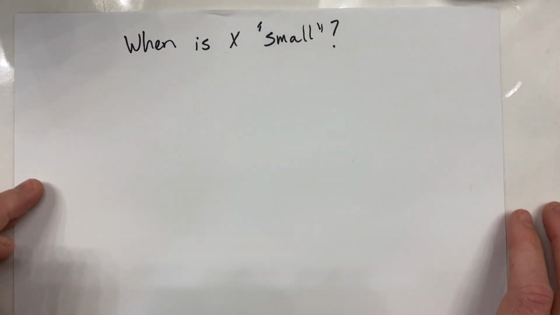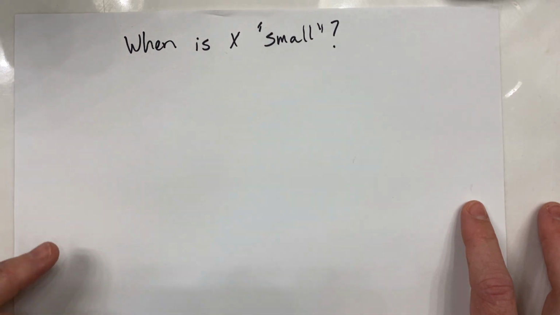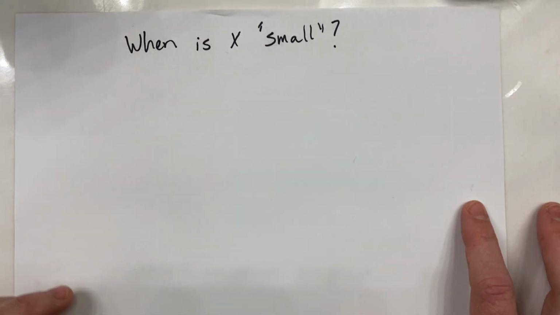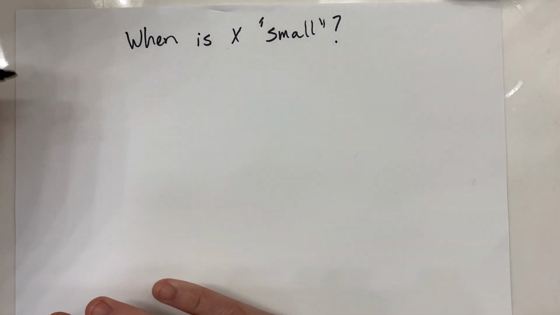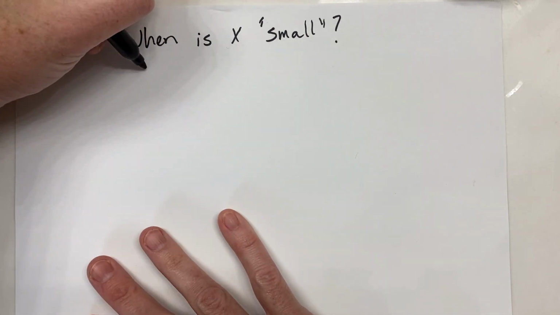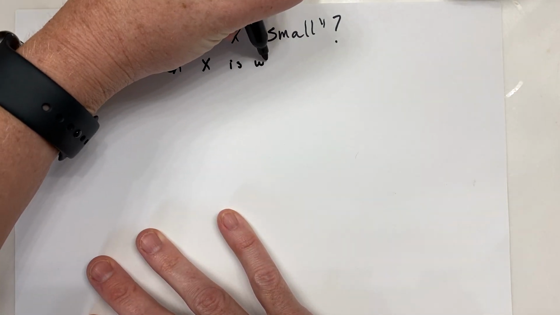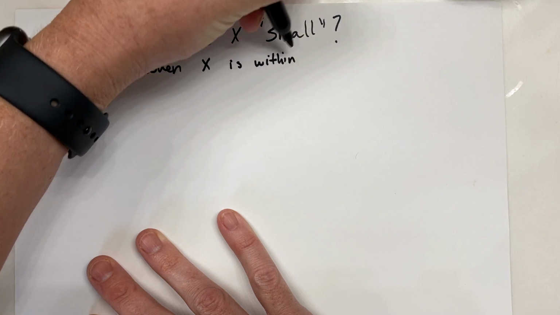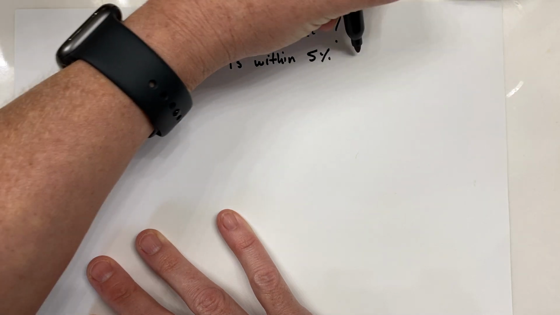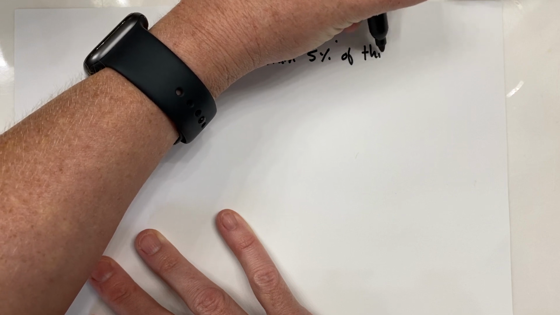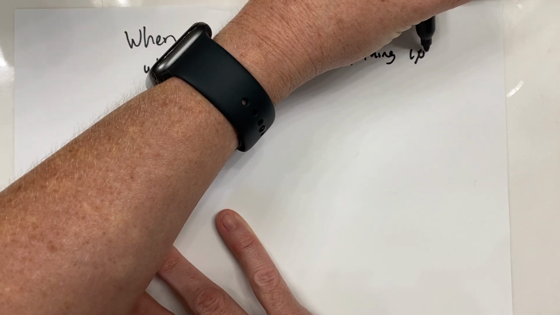But I'm going to show you two examples: one when we will use it, and one when we won't. So we're going to say, generally, it's when x is within 5% of the thing you're subtracting it from.